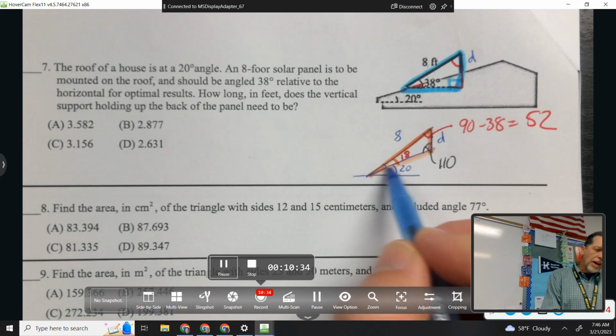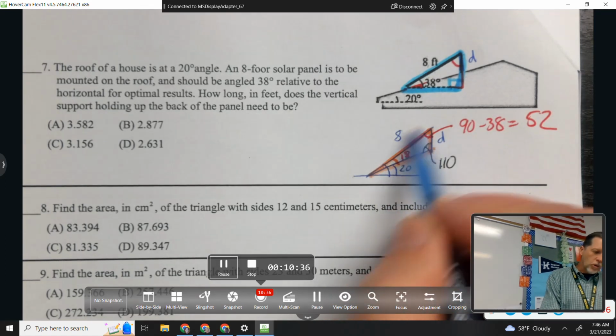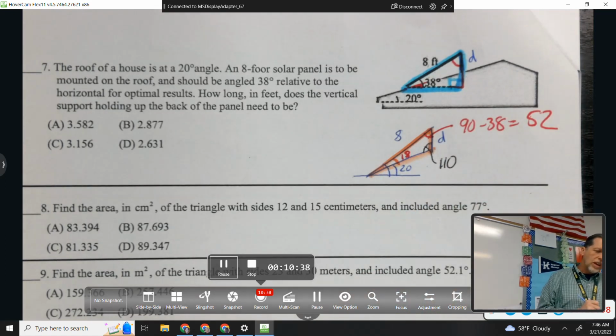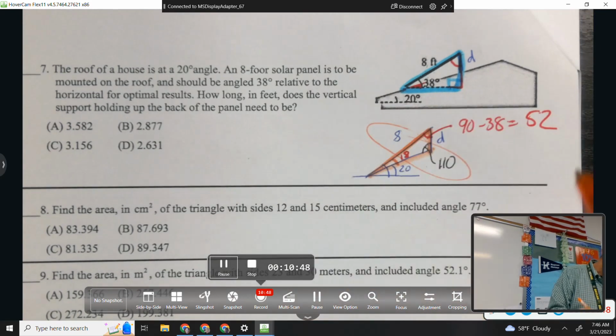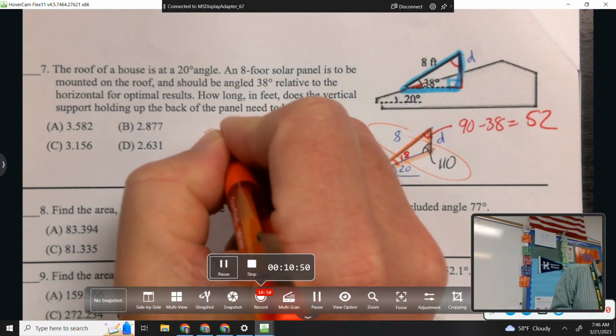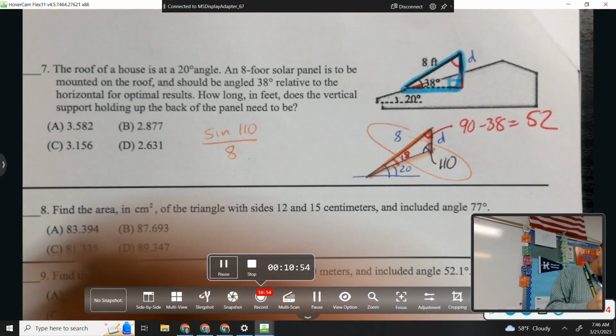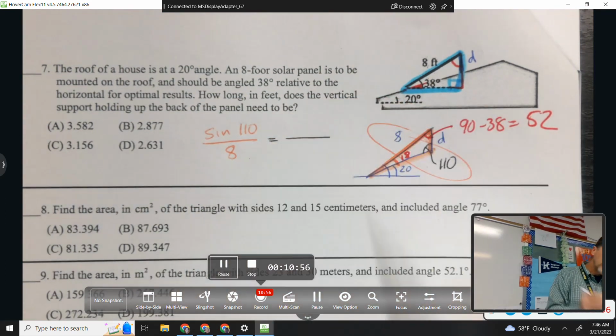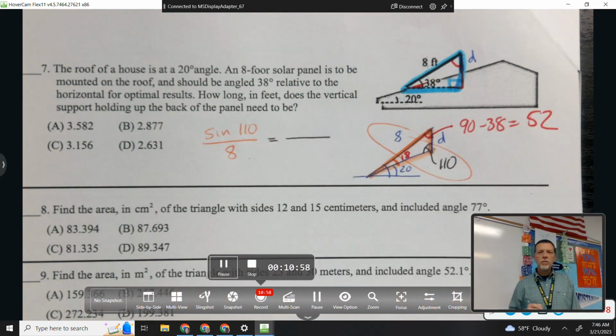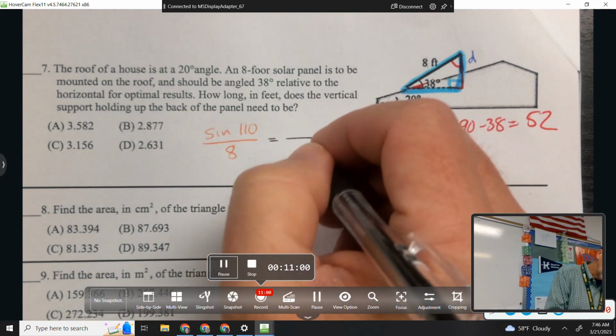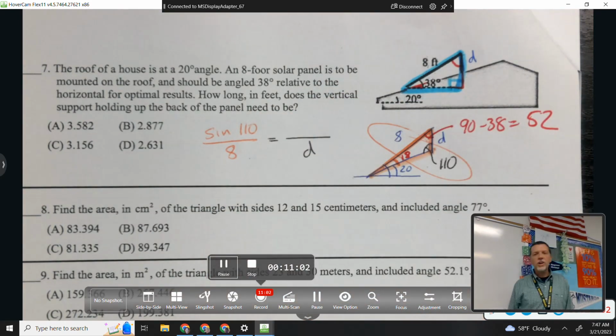Now that we have all the angles of the orange triangle, is this a law of sines or a law of cosines problem? Sines. Which pair do you know? 110 and 8. Yeah, the 110 and the 8. So sine of 110 over 8 equals, well, we want side D. What angle is across from D?